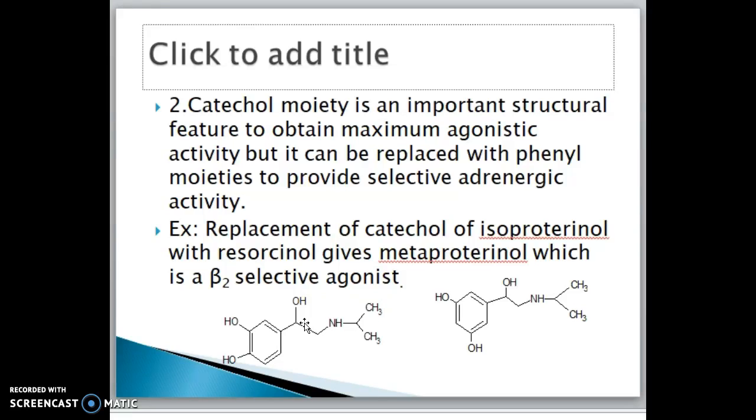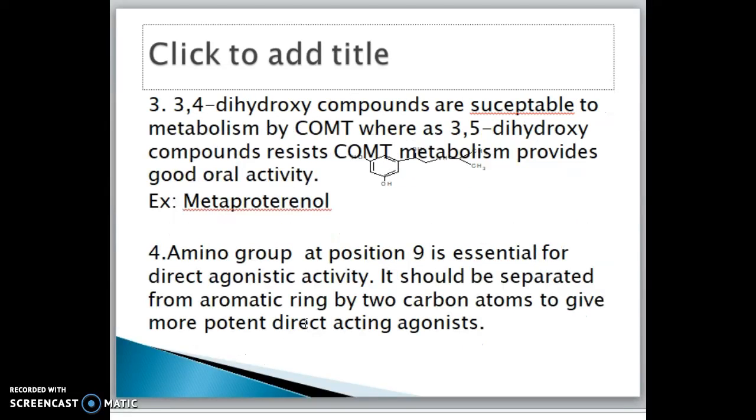Isoproterenol is non-selective, but when the hydroxyl group is shifted from the 4th to the 5th position, it gives a beta 2 selective agonist, which is metaproterenol. Like this we can go on with modifications on the catechol ring.